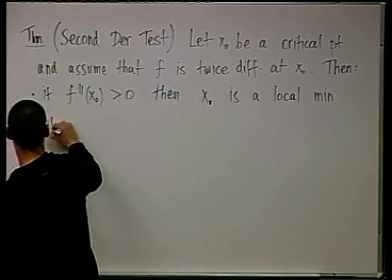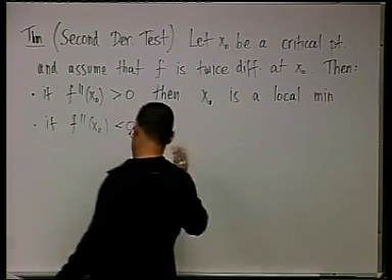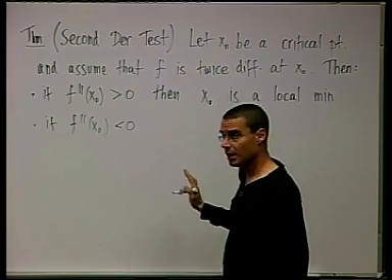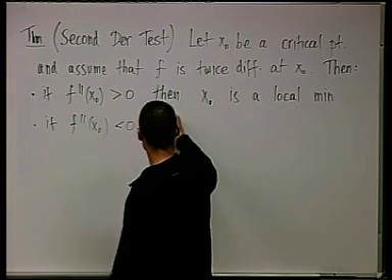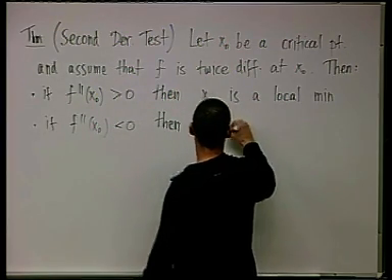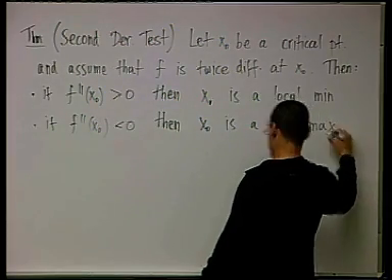And then if f prime prime at x0 is negative, this is just intuition. Actually, the formal proofs of these two theorems are not hard. They're rather straightforward, but I'm not going to write the full proofs. Then x0 is a local max.